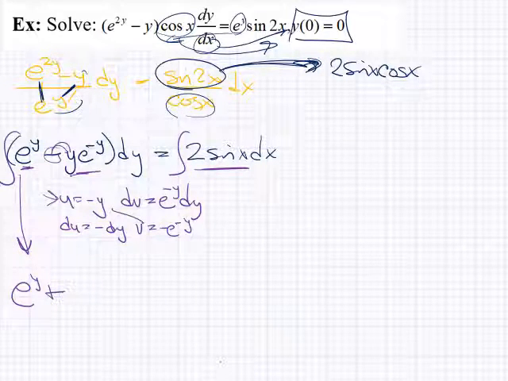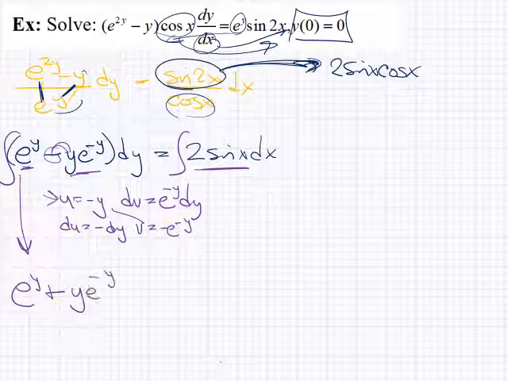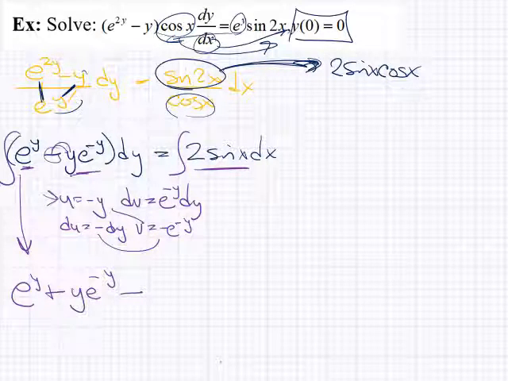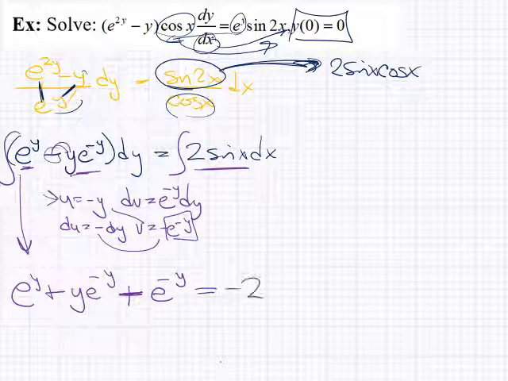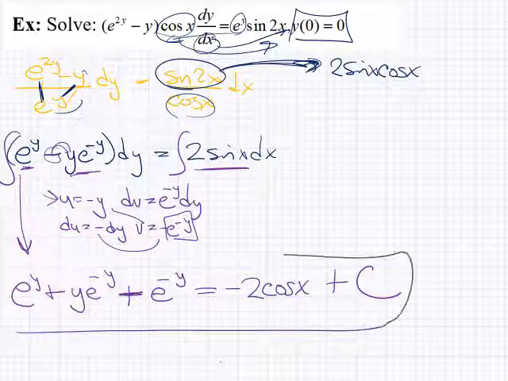So this times this, a negative times negative, so positive y e to the negative y, minus the integral of this times this. Those two negatives would cancel, but I still have to subtract it with the by parts, and so I would have merely just the integral of e to the negative y, which we've already done, which is negative, so that switches back to a positive, e to the negative y. And then the other side is just the integral of 2 sine x, which would be negative 2 cosine x, throw a plus c somewhere, and there's our answer.